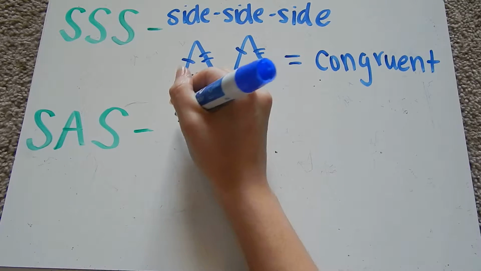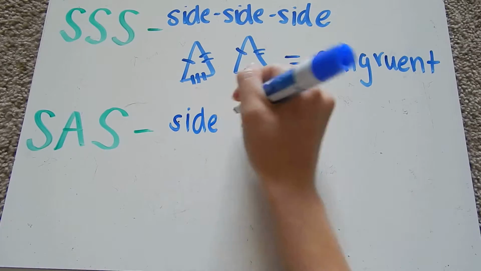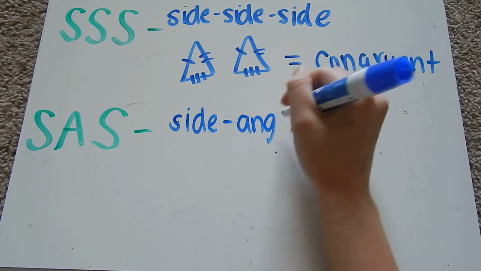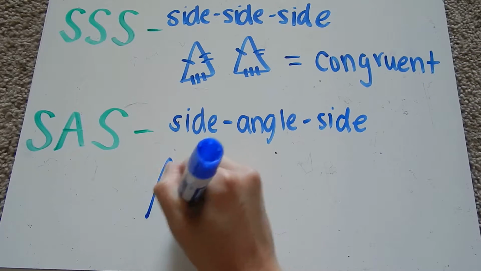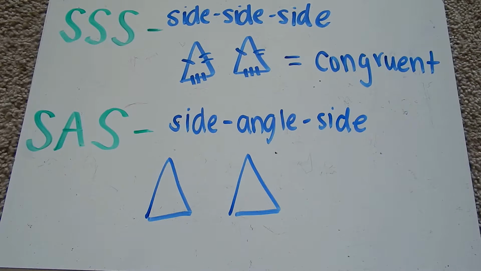The second one is side, angle, side. Which means if you have two triangles, two of their sides have to be congruent, and the angle in the middle of the two sides has to be congruent.